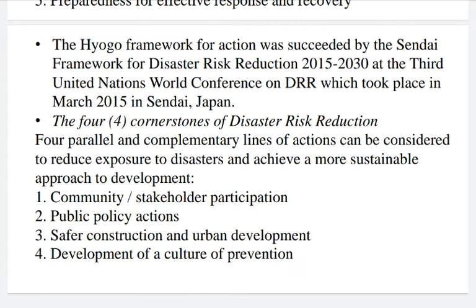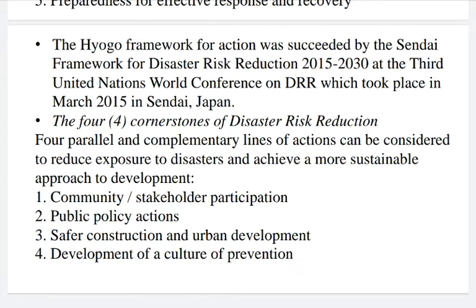Then public policy actions: implementations are also taken in the policy framework. Three, safer construction and urban development. So hereafter there will be some policies based on this framework, and better or safer construction and urban development will be given prime importance.